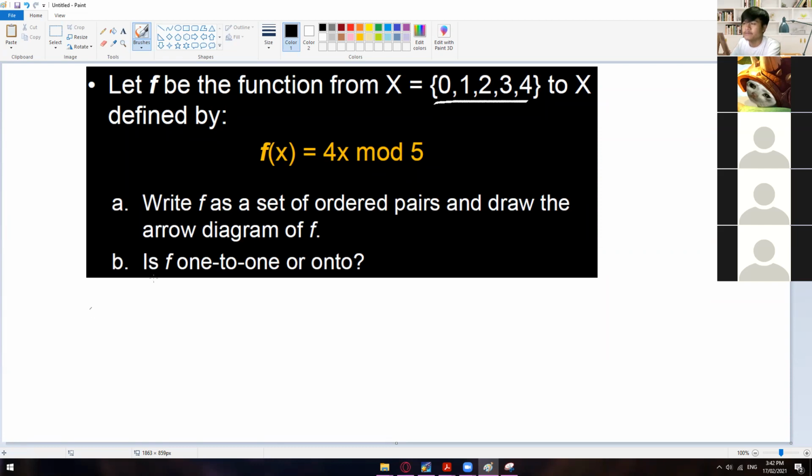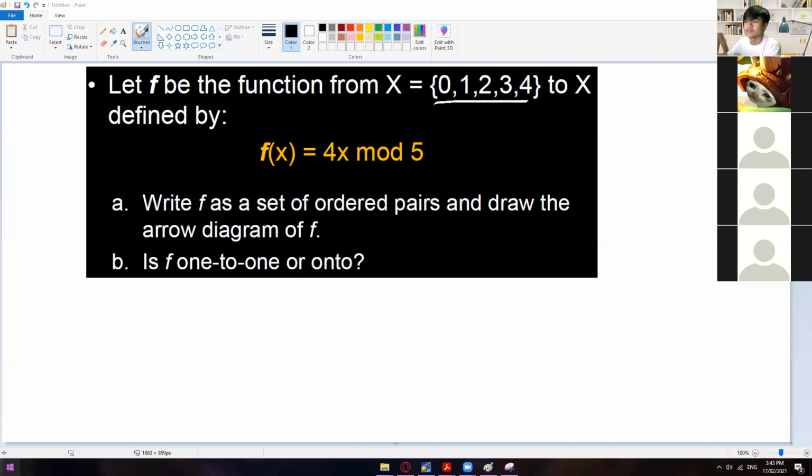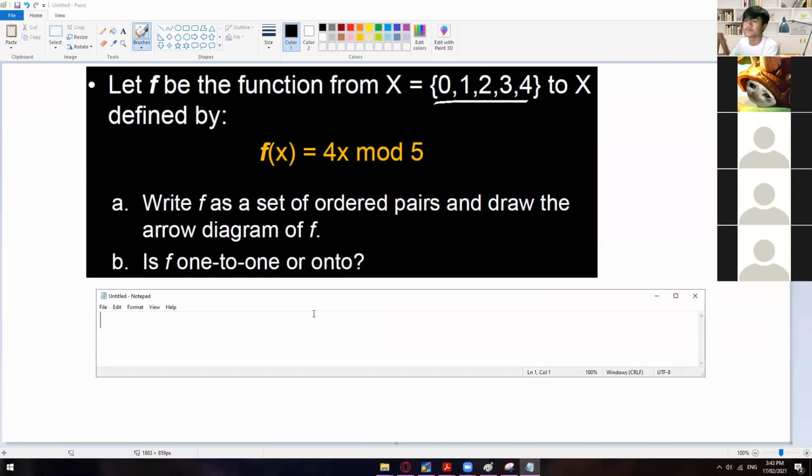So we'll just use Notepad, since this one is a lot easier. Function is equal to, so how many pairs do we have? 1, 2, 3, 4, 5. For our x, we have 0, 1, 2, 3, and then 4.